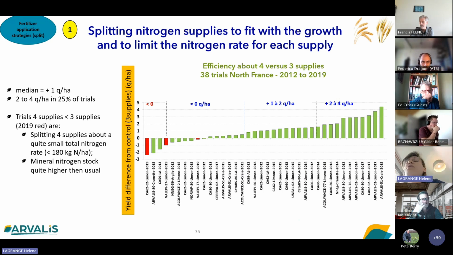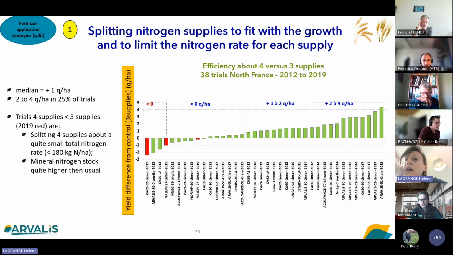So in the north of France, the control is 3 applications, and we tried 4 applications. And so the 0 line is the yield results for 3 applications, and the green or red results are with 4 applications.